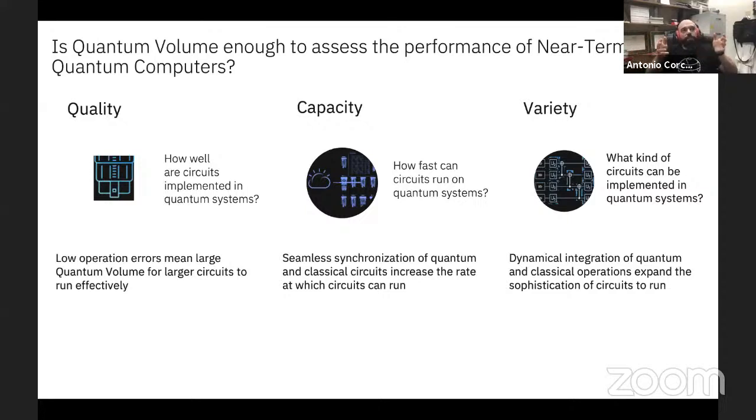Like the circuits I've been showing here are circuits that are a series of gates followed by a measurement. But there are algorithms that have a very, very different structure, where you will have a series of gates, and measurements on some of the qubits in between those gates. Then based on the results of those measurements, you will have different parameters in the subsequent gates in the circuit.